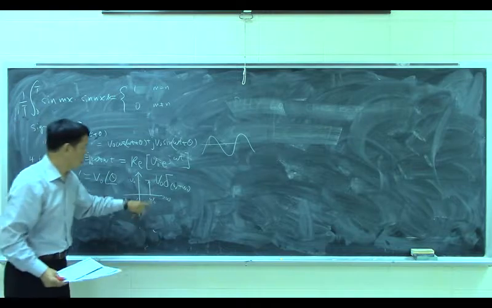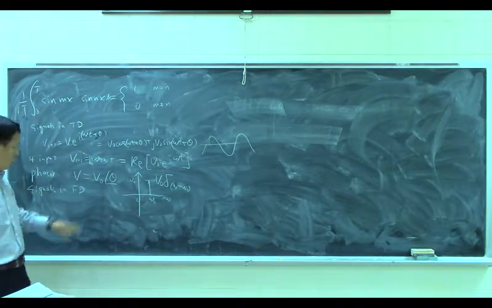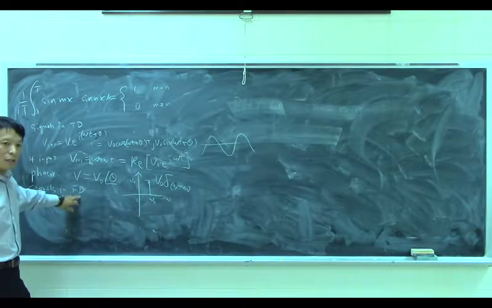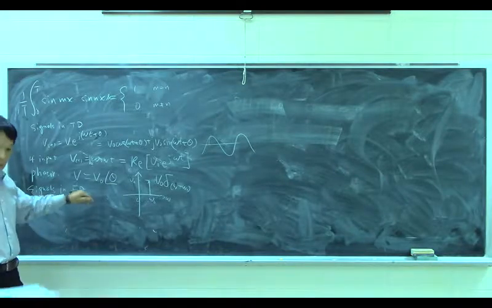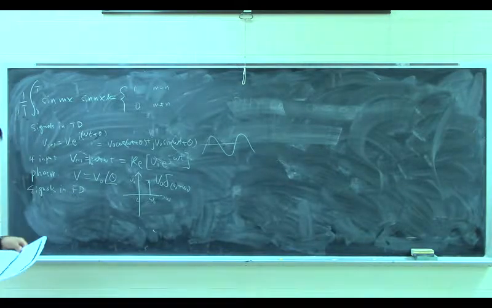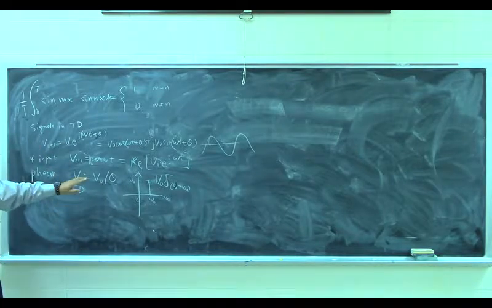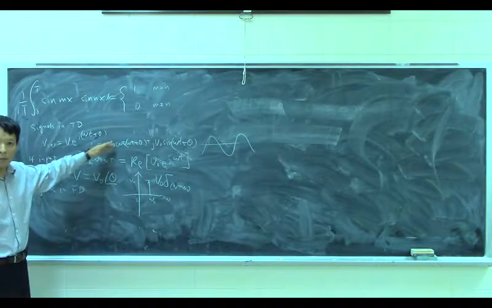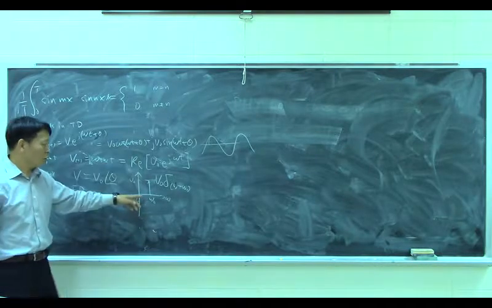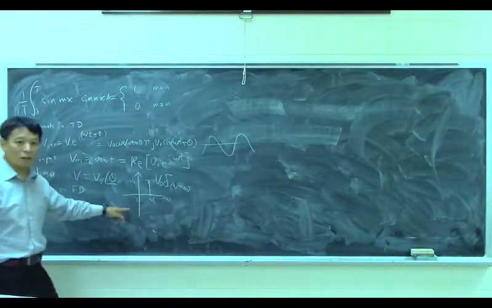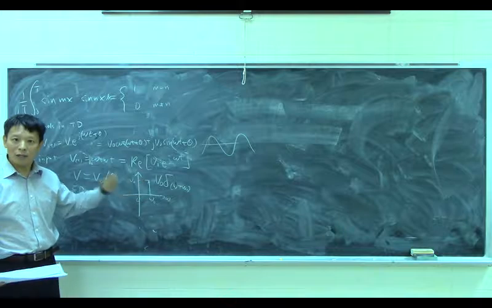So this signal can be represented by this one. That is called the frequency domain representation of the signal. The time domain signal and the frequency domain signal refer to the same signal, but they have different waveforms in time and in frequency. But they are related mathematically.